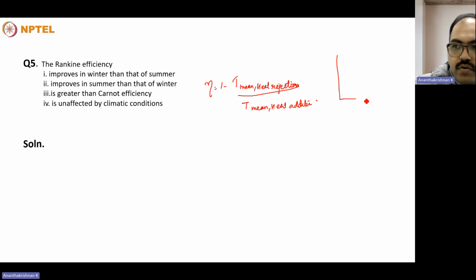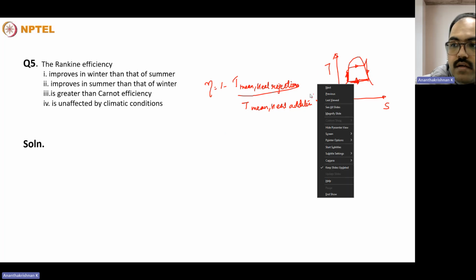If I try to draw the schematic on a TS plane, this is the condenser, and the ambient temperature, or if the condenser has got a cooling water, which flows in the opposite direction.